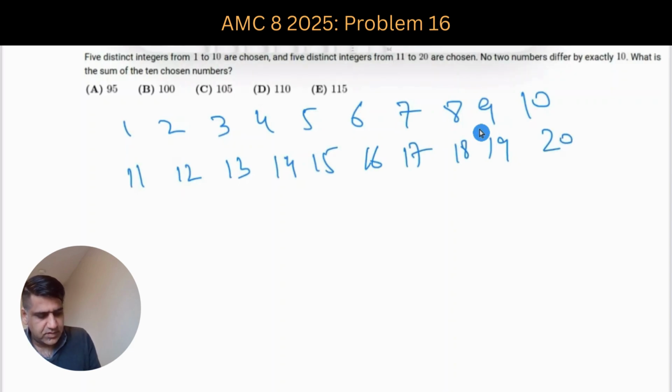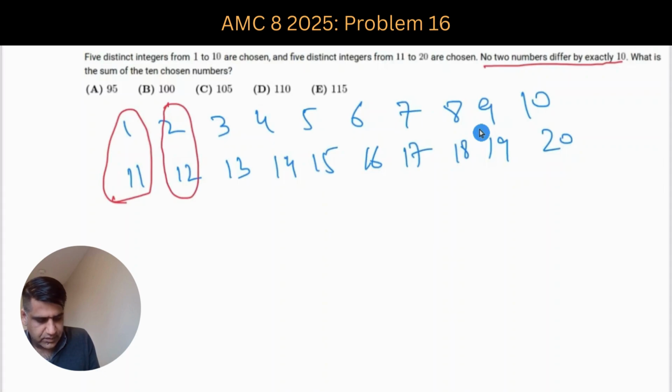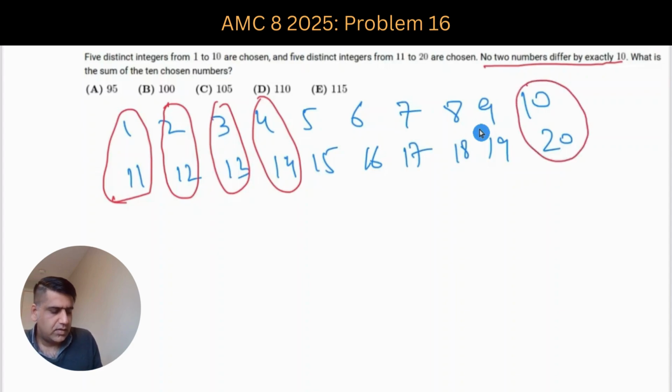So the condition that is given is no two numbers differ by exactly 10. So that means we cannot have these pairs, the ones that I'm circling in red, because all of these pairs, if I go all the way from 10 to 20, they all differ by 10. So I cannot have these pairs. So what other options do I have?